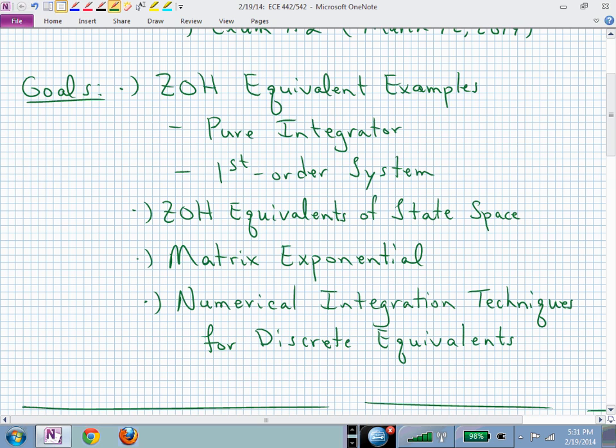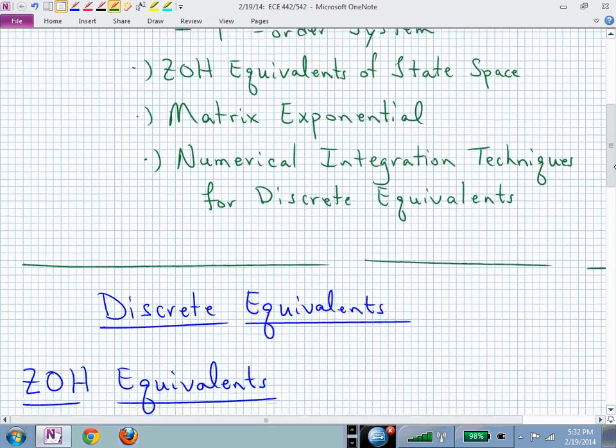If we have time, we will start getting into the other half of the discrete equivalence, which is, given just a transfer function, what happens when we take that C of S to a C of Z, not preceding it with a zero order hold.